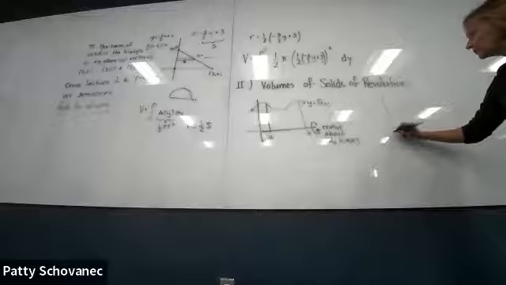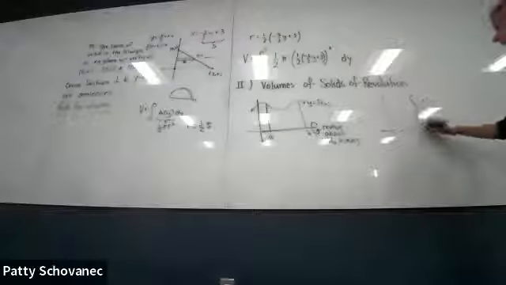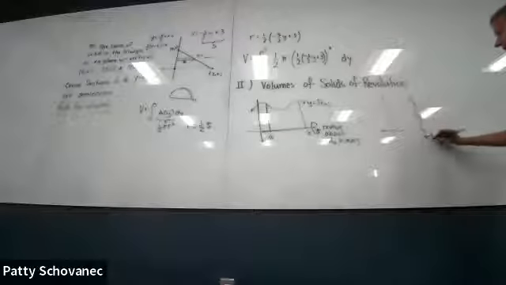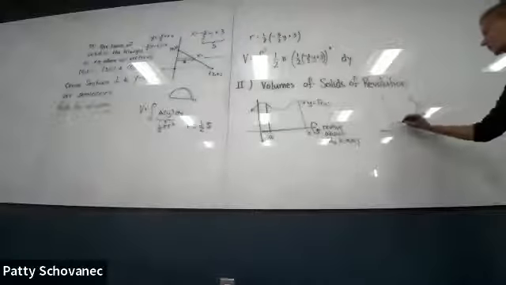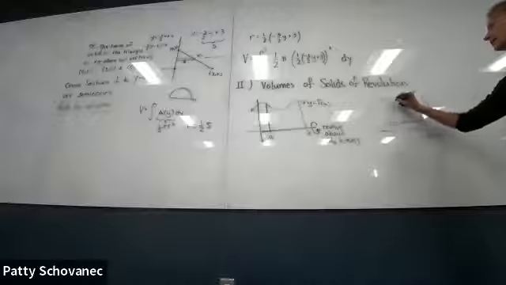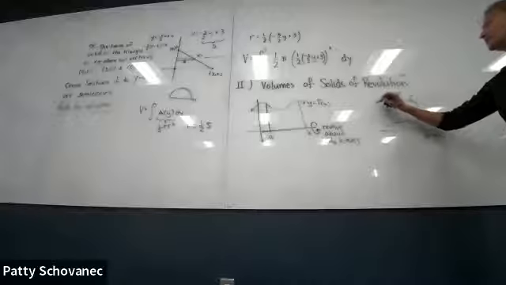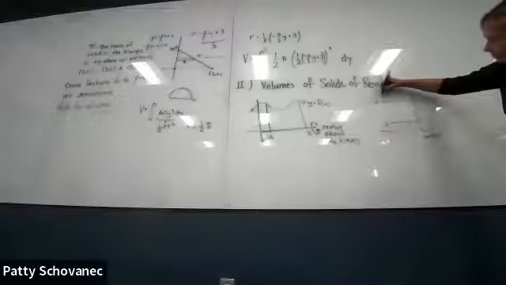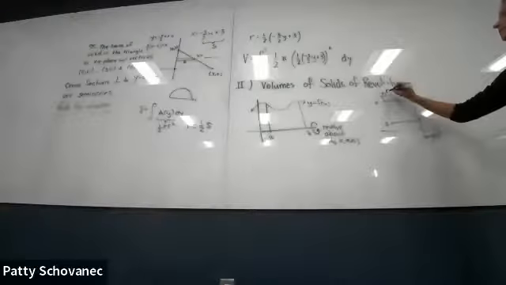I can take a similar version, x is some function of y, bounded between y is equal to c and y is equal to d, and revolve it around the y-axis.